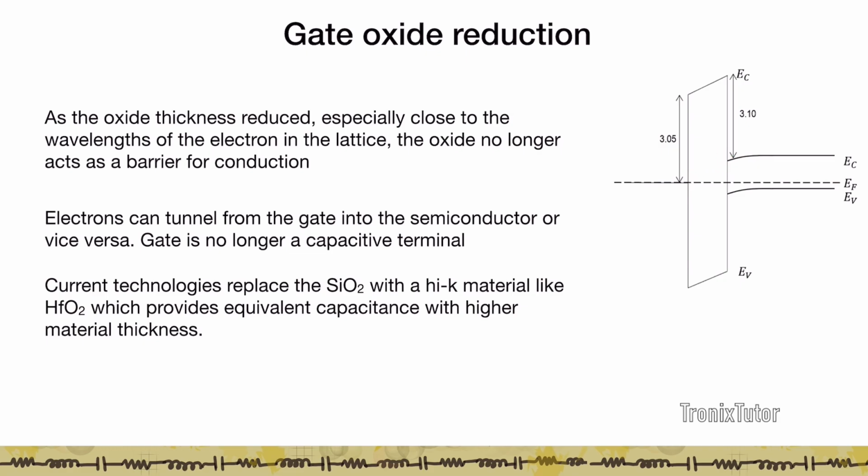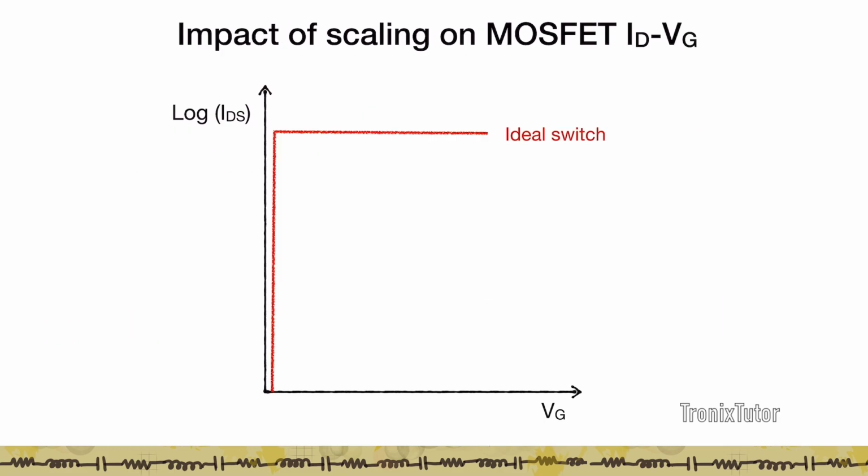So today almost all technologies, or all MOSFETs available in the market, have a high-K gate dielectric. So let's look at the impact of scaling on the MOSFET IV characteristics. If we limit ourselves to thinking about the MOSFET as a switch, if I plot IDS versus VG, remember, for a switch you want the MOSFET to exist in two states, an on and an off state, because most of the time you're dealing with Boolean algebra of zeros or ones.